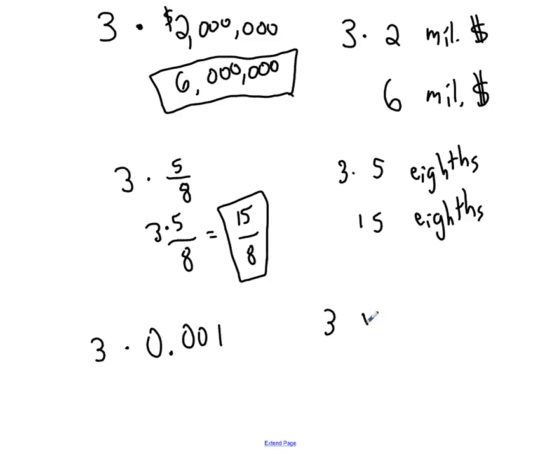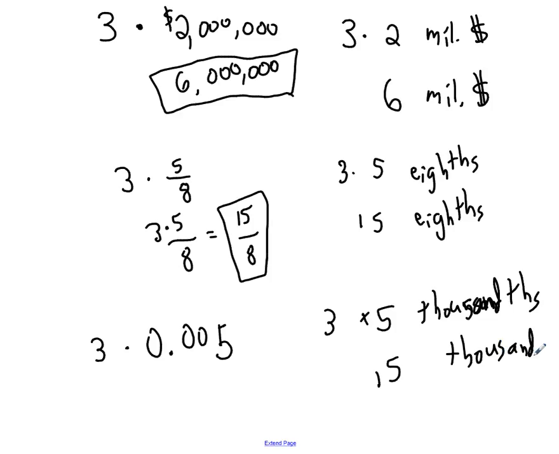Let's say 3 times 5 thousandths. 3 times 5 is 15. I have 15 thousandths. Okay. We could do this the long way.